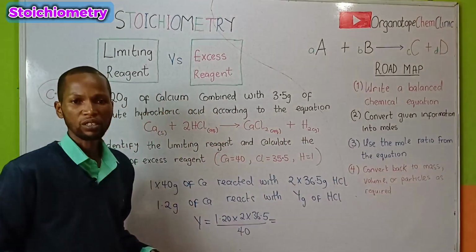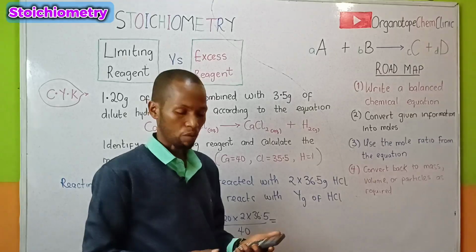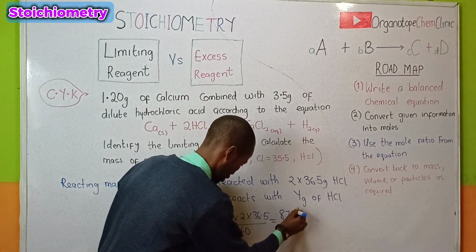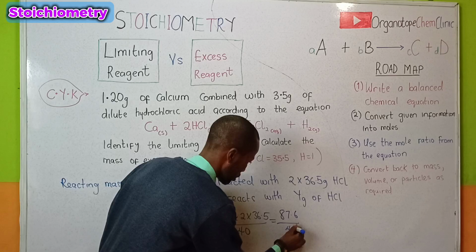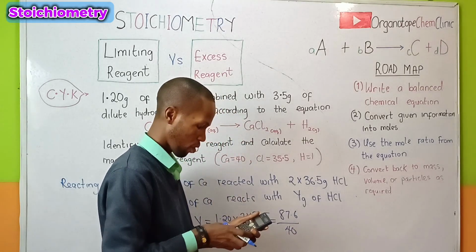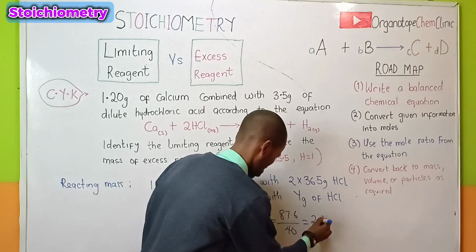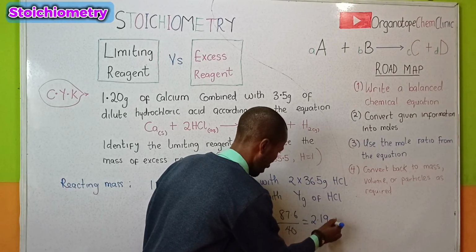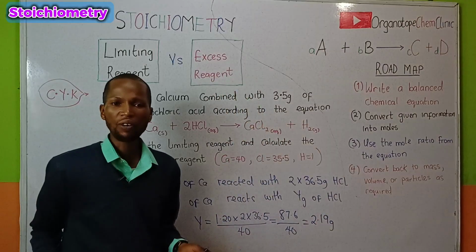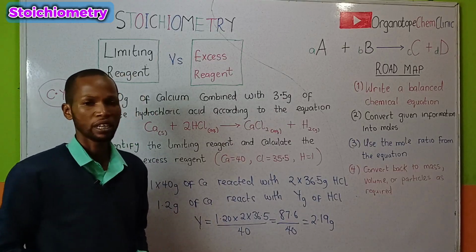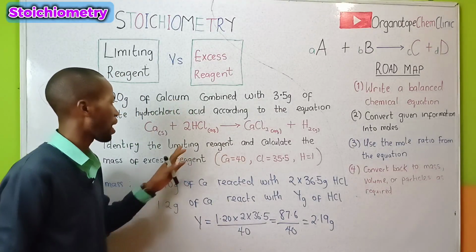When you press your calculator, what do you have? 87.6 divided by 40. This will result into 2.19 grams.